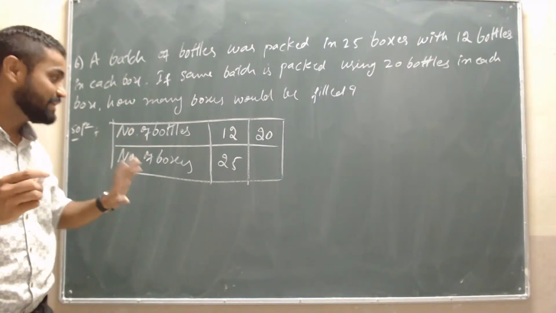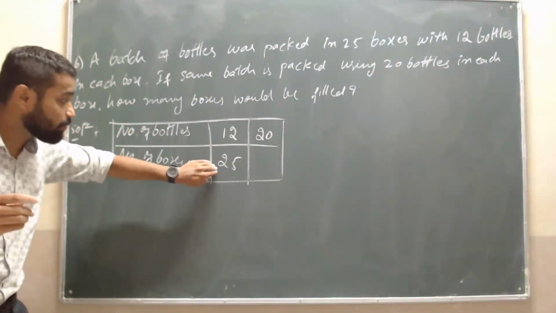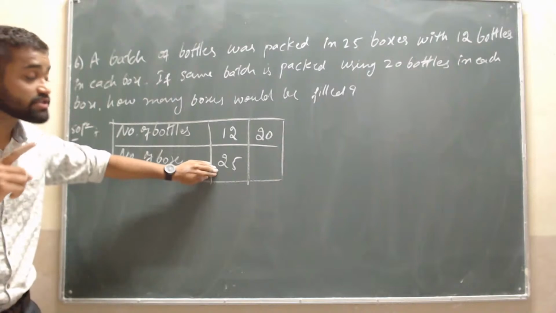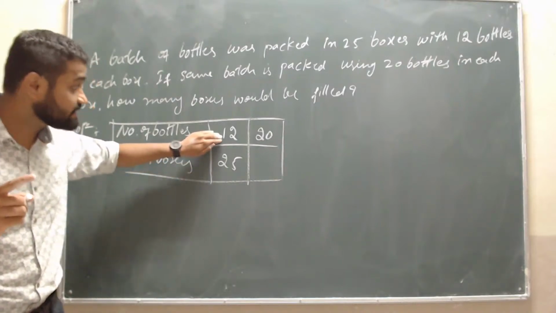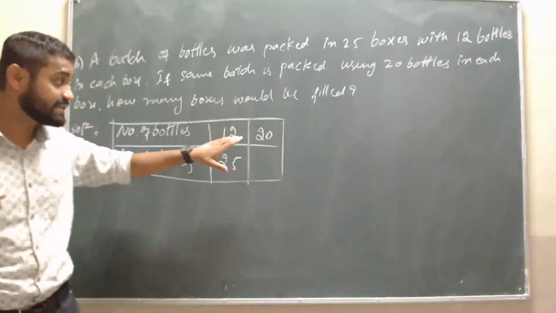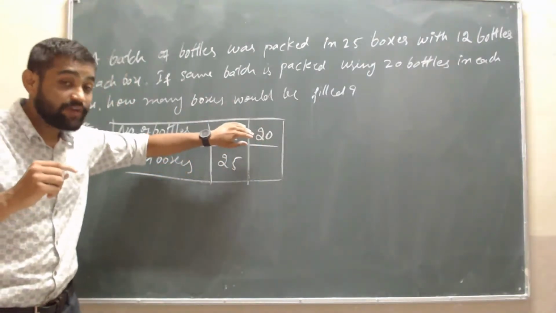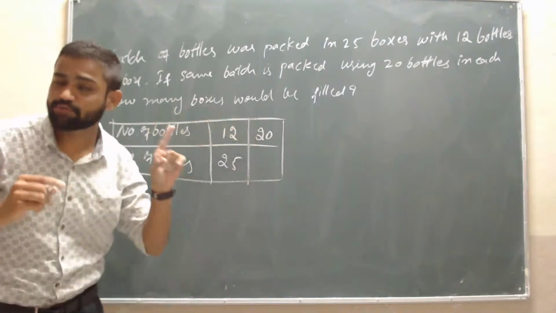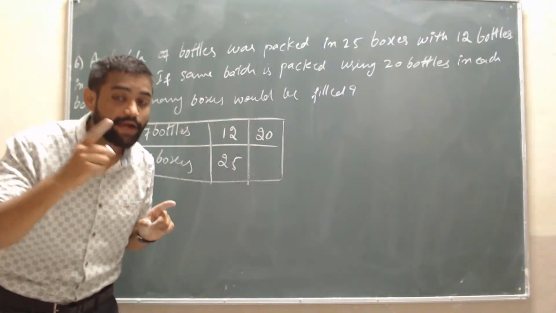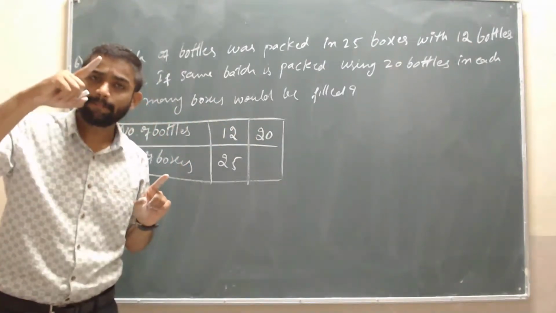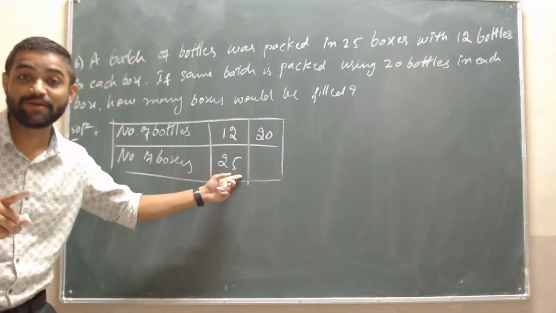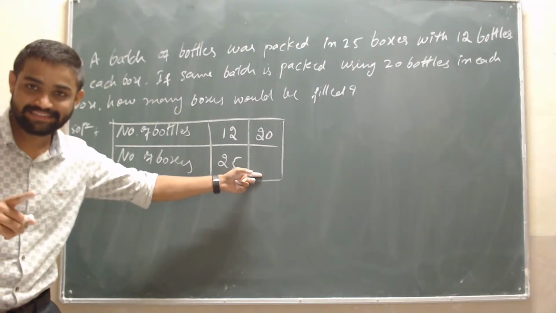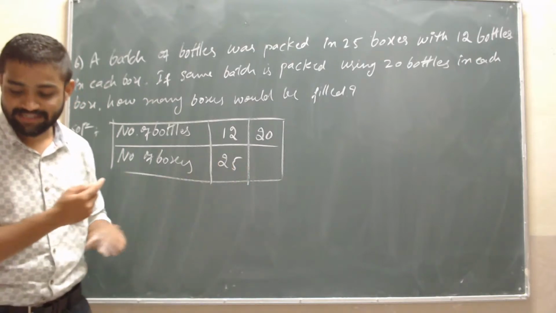In the second half of the question, we are filling 20 bottles in each box. Then we have to find out how many boxes we will get.